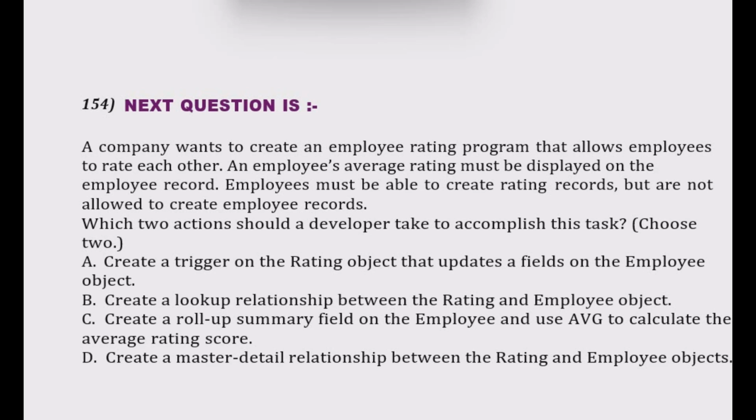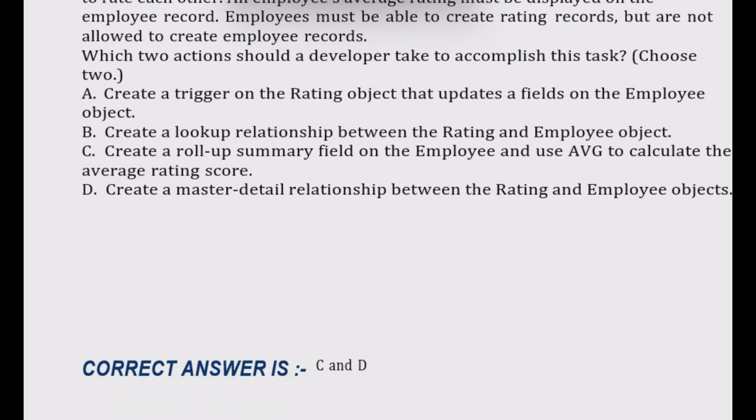Option B. Create a lookup relationship between the rating and employee object. Option C. Create a roll-up summary field on the employee and use AVG to calculate the average rating score. Option D. Create a master-detail relationship between the rating and employee objects. Correct answer is option C and option D.